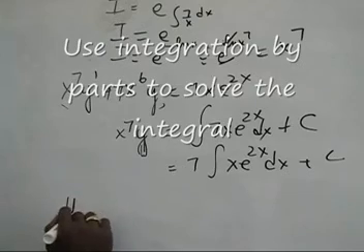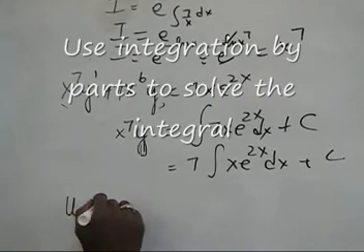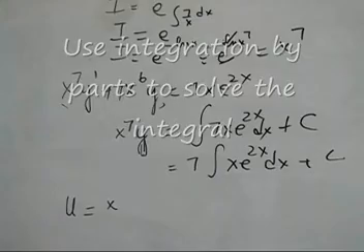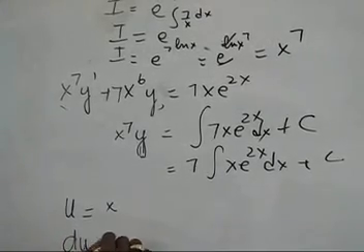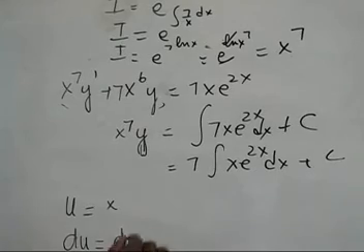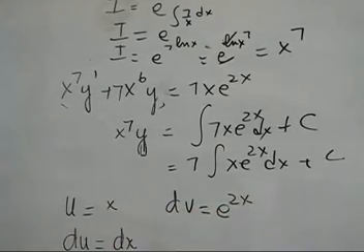So which one is going to be our u? For by parts we need u and dv, right? I'm going to call x my u. So my du will be dx. So my dv will be e to the 2x.